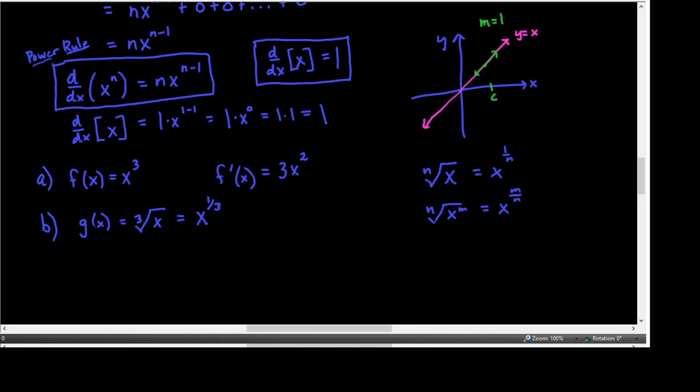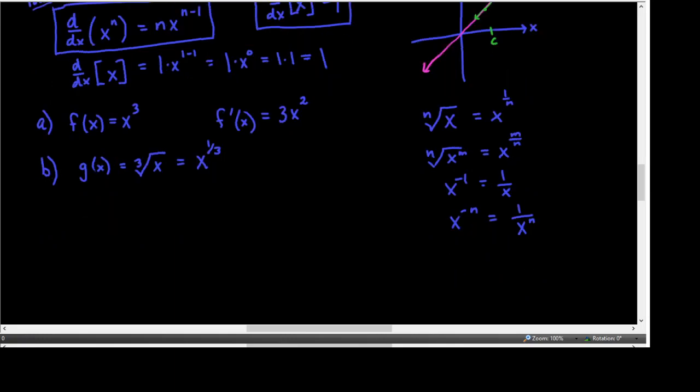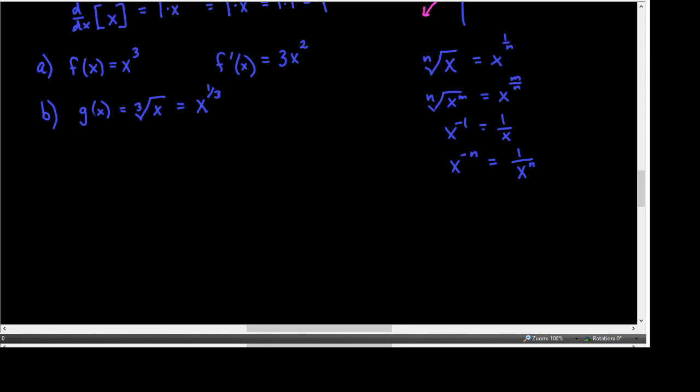And x to the -1 is 1/x, which means that in a more general sense, x to the -nth is equal to 1/x to the nth. Because remember, in algebra, I hope you heard someone say we really don't like negative exponents, and so we're going to want to rewrite things in a different form.